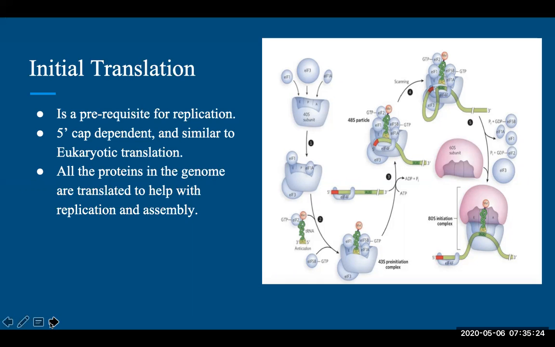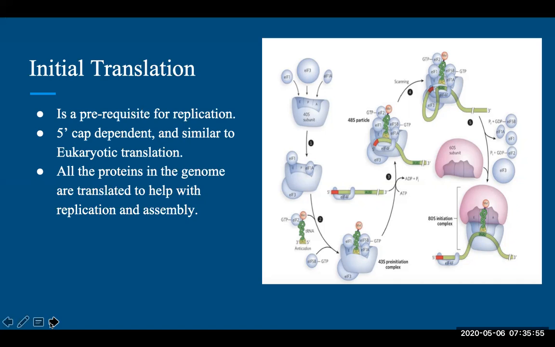So one of the interesting things, and the reason why I put this figure here on the side, is that West Nile virus, or flaviviruses in general, the ones that do contain a cap, can either go through cap-dependent translation initiation, like eukaryotic translation, or it can not go through that same process.